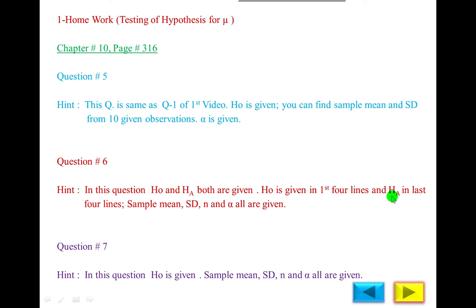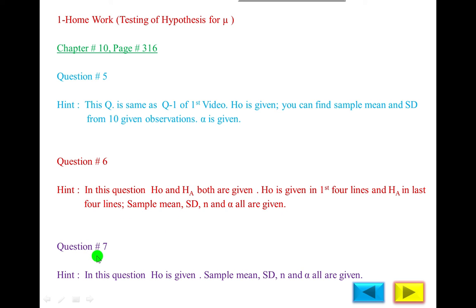In the last 4 lines, the question about the result of the sample data is indicated. So sample mean and standard deviation, N and alpha, all are given. Substitute in the formula, you will obtain the T calculated value and the T table value from the T test table.